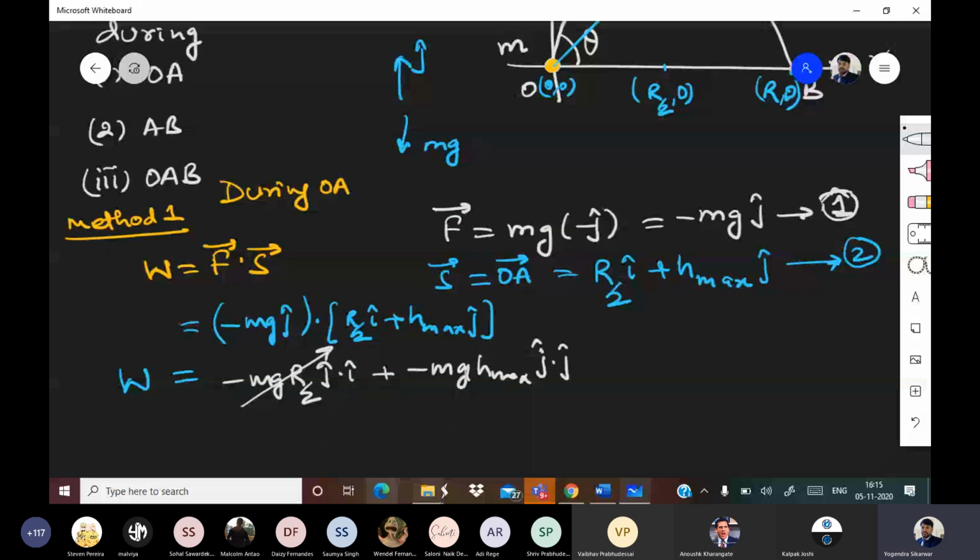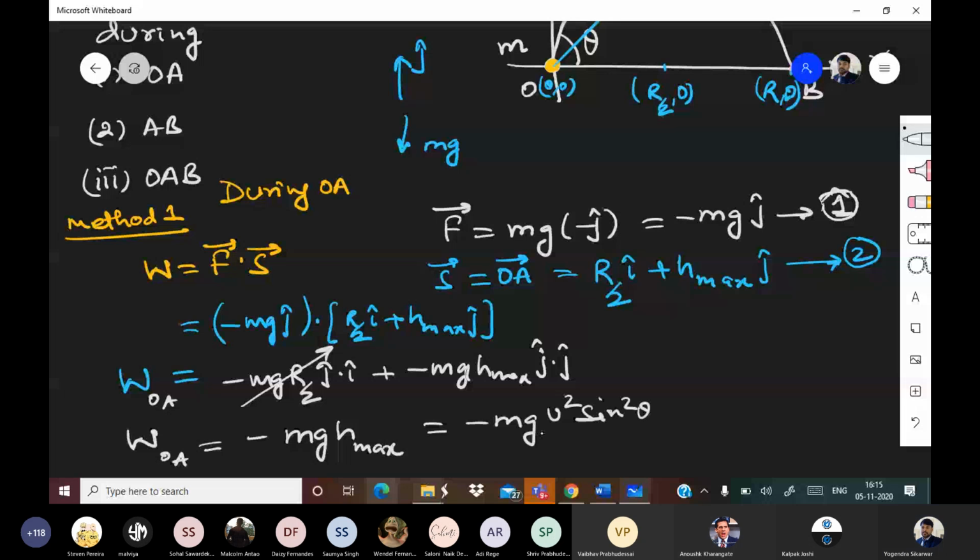So WOA is equal to minus mg h max. If you want, you can put value of h max, which is u square sine square theta upon 2g. So this is work done during OA.